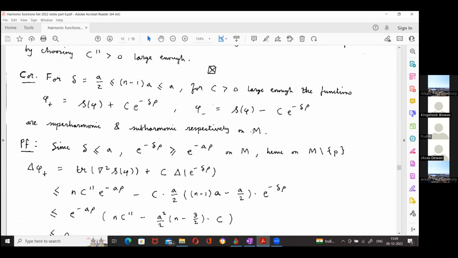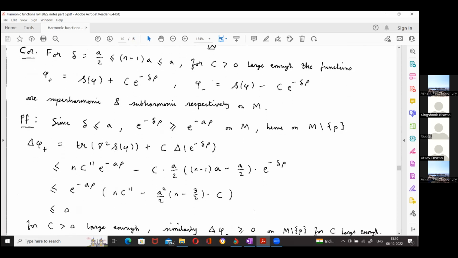So we just need to calculate the Laplacian of these. If delta is less than or equal to a, then notice that e to the minus delta rho is greater than or equal to e to the minus a rho. So on M minus the singleton P, the Laplacian of phi plus is the trace of the Hessian of S phi plus c times the Laplacian of e to the minus delta rho.